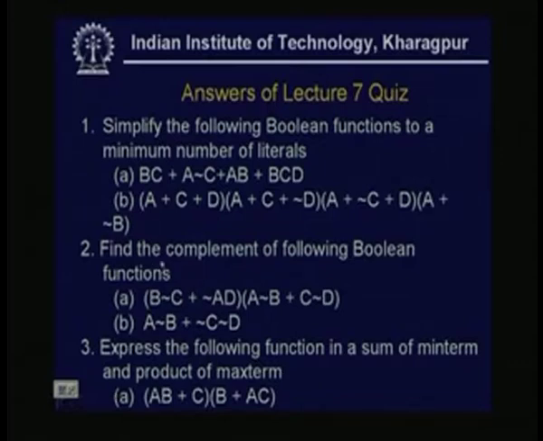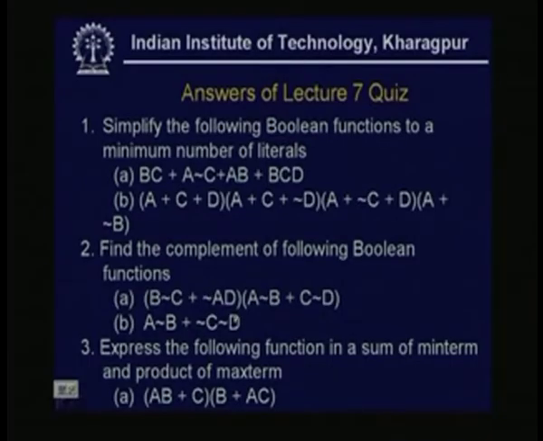Now, we see the second question. For the second one, we have to take the complement of the Boolean functions. Now, one by one we see how, with the help of the postulates and the theorems, we can take the complement. Here particularly the De Morgan's law we have to use.